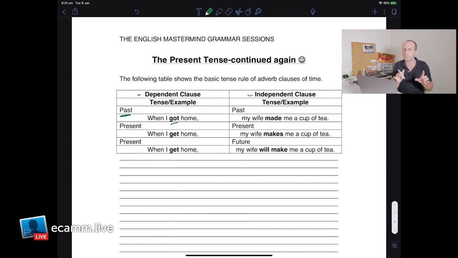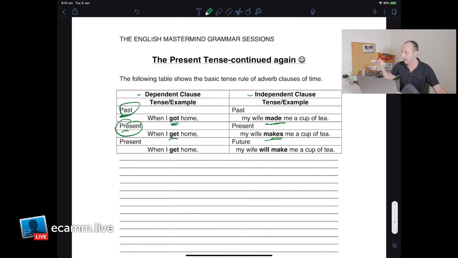So depending on your punctuation, maybe you're going to write and make mistakes. However, if I'm talking about the past, and I use the past here, when I got home, the second part of the sentence needs to be in the past. Oftentimes people make mistakes. If I'm talking about the present, when I get home, my wife makes me a cup of tea.